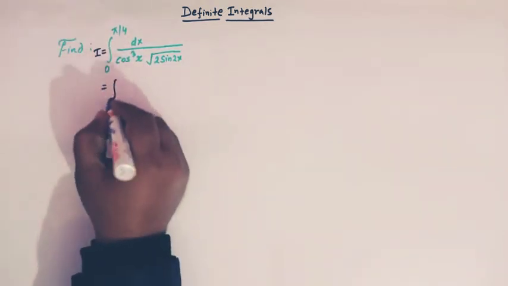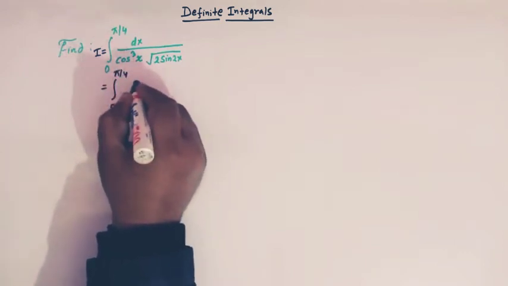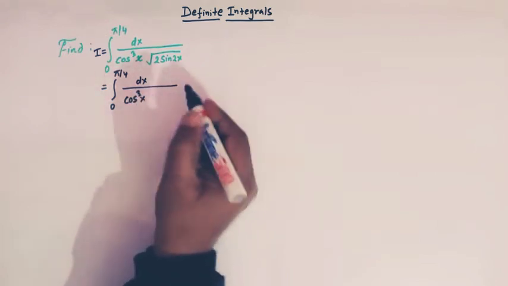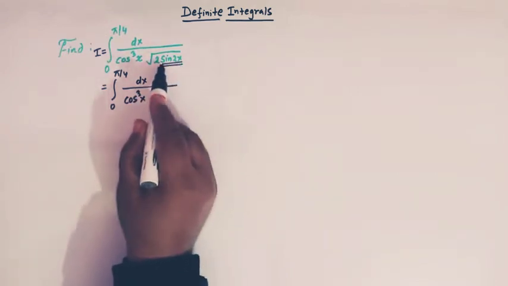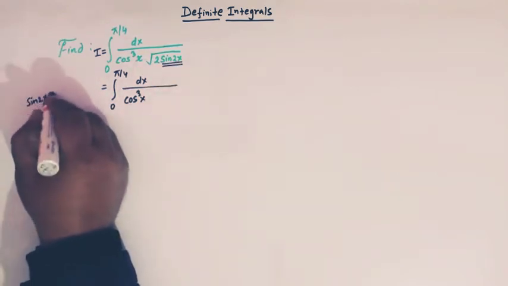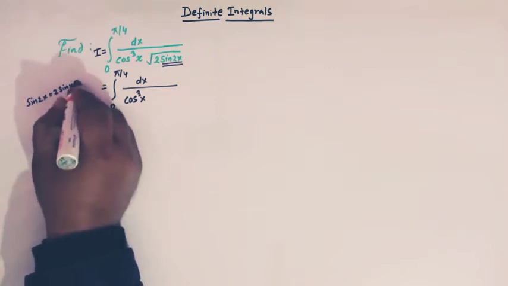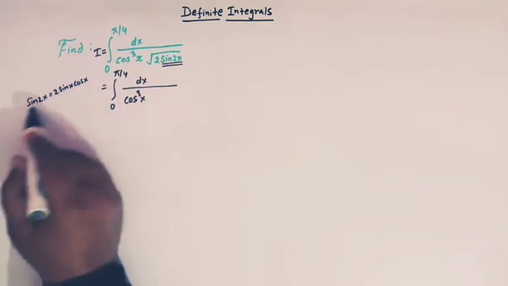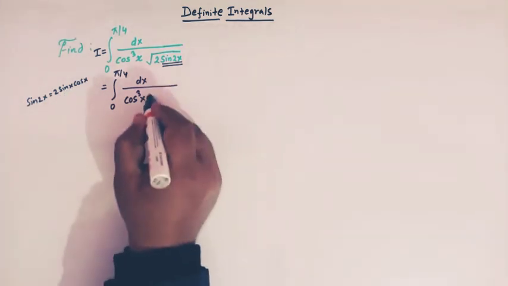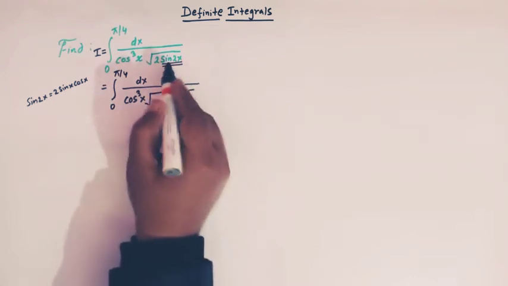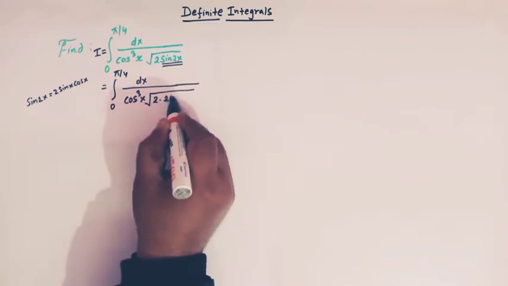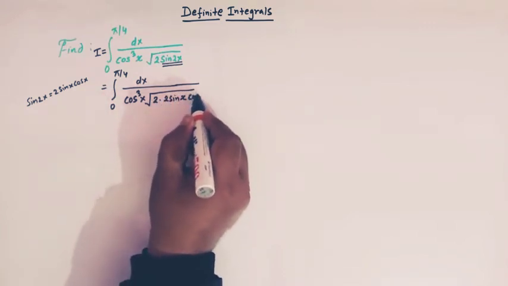Now we can write this integral with cos cube x, and here we have sine 2x. We know that sine 2x is equal to 2 sine x cos x, an important identity from trigonometry. If we substitute the value of sine 2x, we get 2 times 2 sine x cos x.